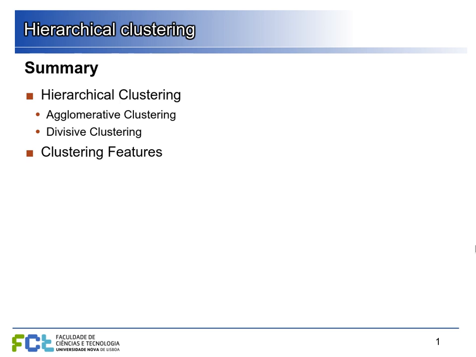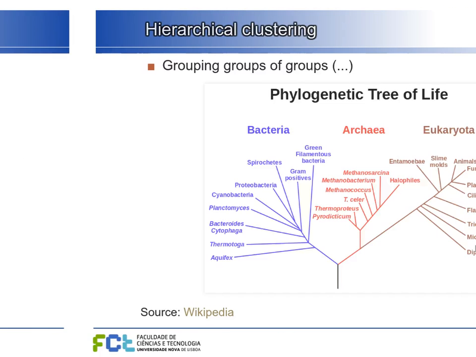And then we're going to look at an example of using clustering, but instead of clustering examples, we're going to cluster features and then simplify our attribute space, so the space of features we're going to use.